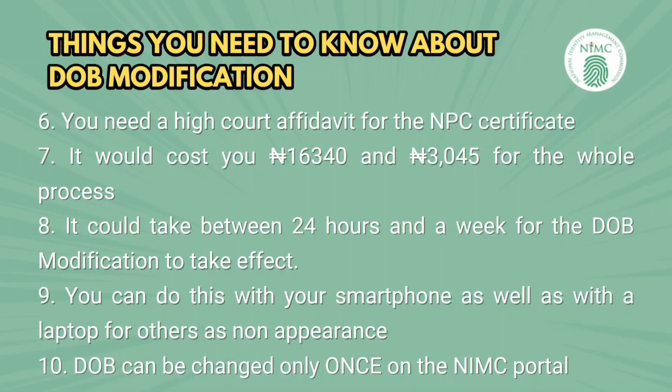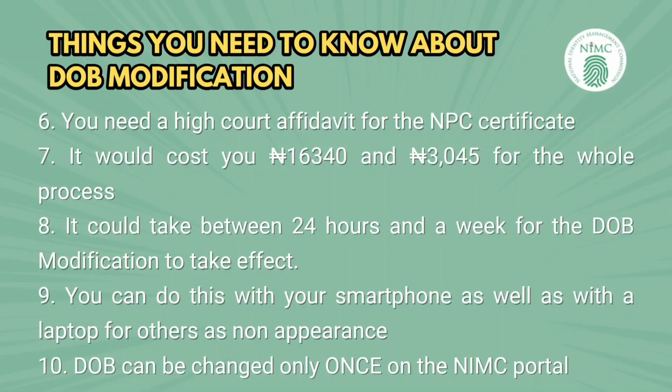Not all affidavits would work, but you need a certain one that will work. I have a template that you can use, so you don't need to bother yourself about going to high court to get an affidavit. Just send me a message and I'm going to give it to you.